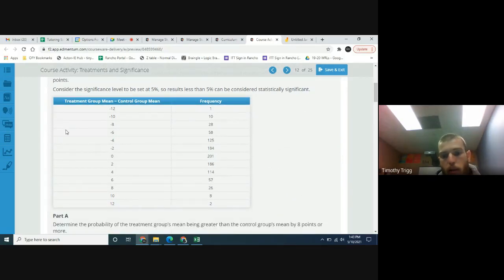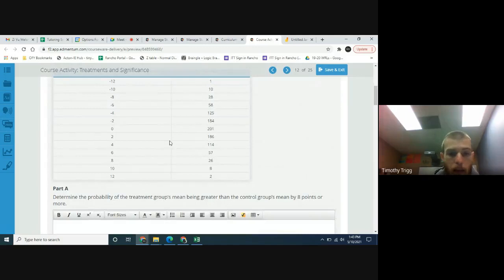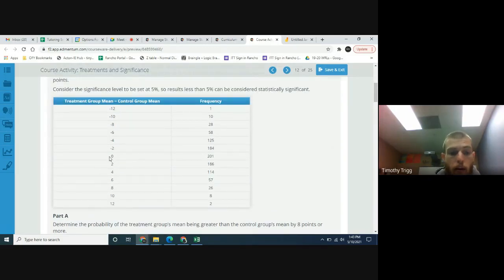Basically, this is what you would expect with random chance. If there was no difference between the two groups, the treatment group and the control group, here's the data you would expect. You'd expect 0 weight loss difference. That has the highest number here, right?